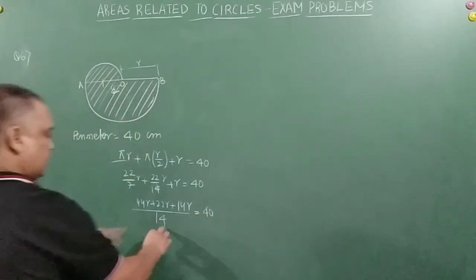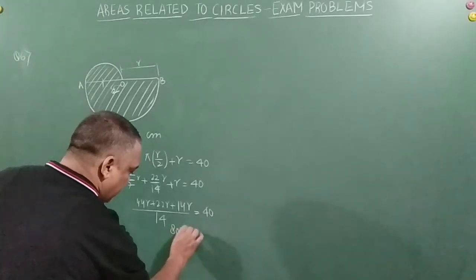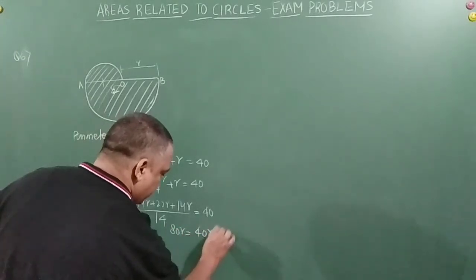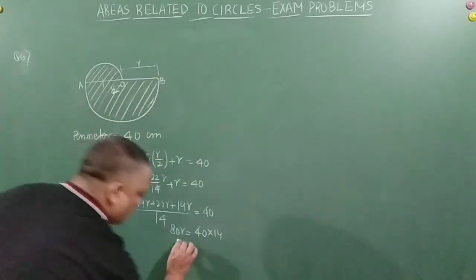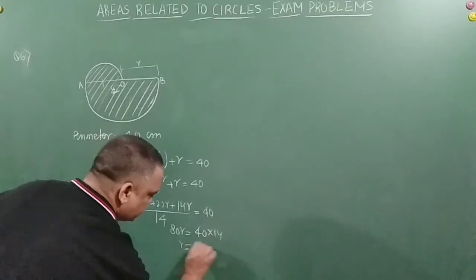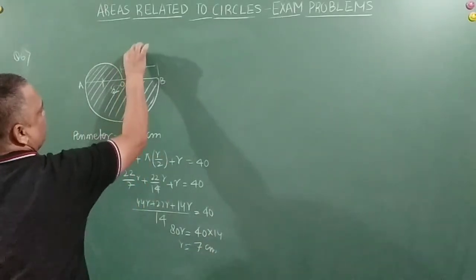So this becomes 80r is equal to 40 into 14, right? So r is equal to 7 centimeters, right friends? So this value is 7 centimeters.